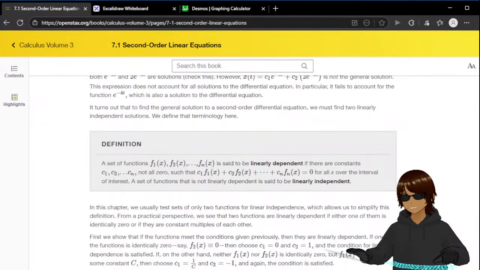A set of functions is said to be linearly dependent if there are constants c1 to cn, not all zeros, such that this is equal to 0 for all x over the interval of interest. A set of functions that is not linearly dependent is said to be linearly independent.